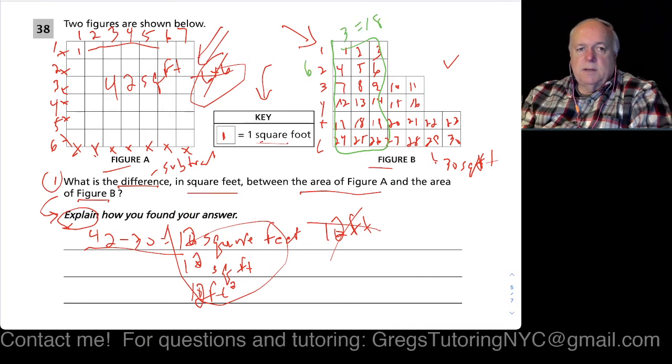Let me change the color again. The area of this here.